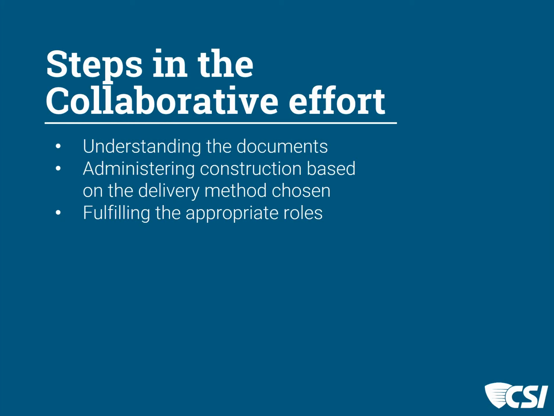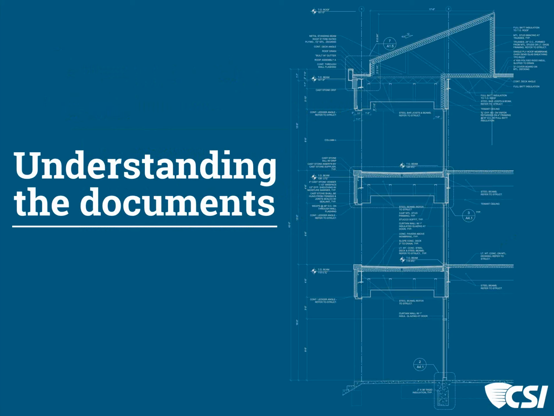We are going to take a look at those briefly as we talk today. And then at our next session, we'll go a little deeper into that third collaborative opportunity in fulfilling our particular roles.